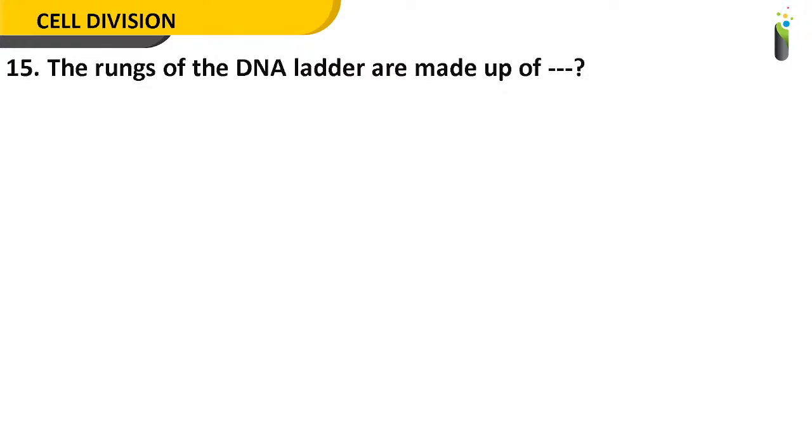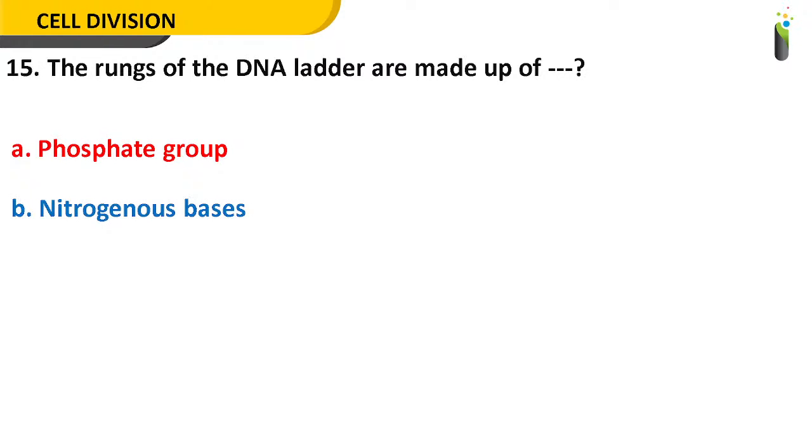The rungs of the DNA ladder are made up of dash. A. Phosphate group. B. Nitrogenous bases. C. Pentose sugar. D. All of these. Well, I would like to give you a hint here. The DNA molecule can be compared to a ladder.